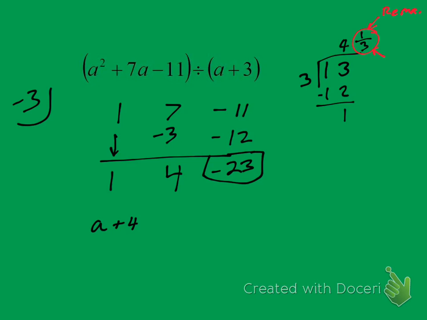Your sign that follows 4 is going to be minus because it's a minus 23. Your remainder was what? 23. Okay, that's going to go on top. Divided by what you were dividing by, which was what? Be careful. -3? No. What are we dividing by?